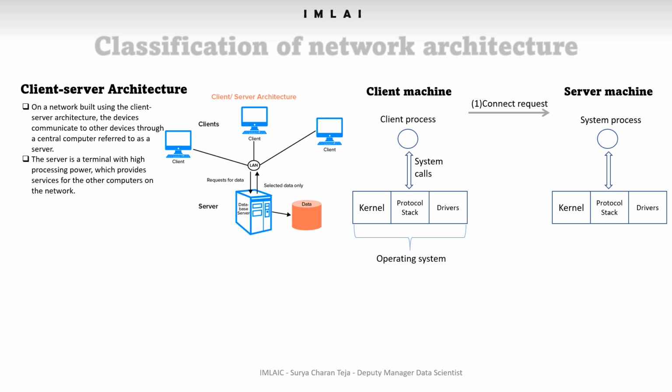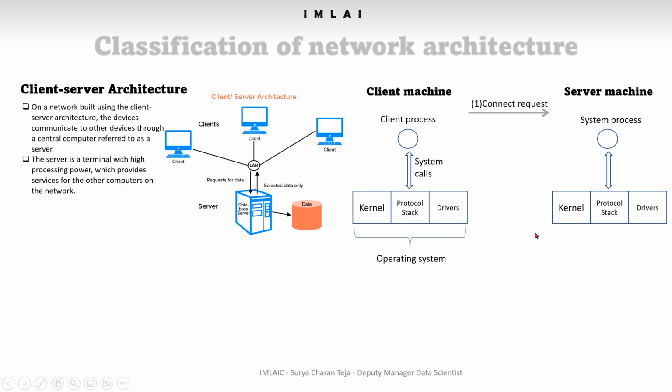So the next thing is the client. Here is our client machine, and this is our server machine. As usual, the client machine consists of a kernel, then protocol stack and drivers, and it will be with a Linux operating system. And then this is the client process where it's calling system calls.